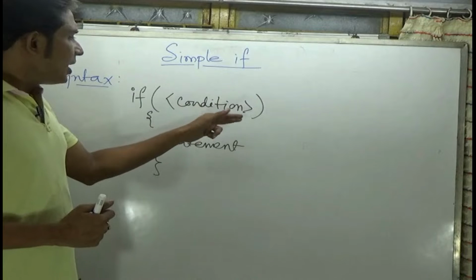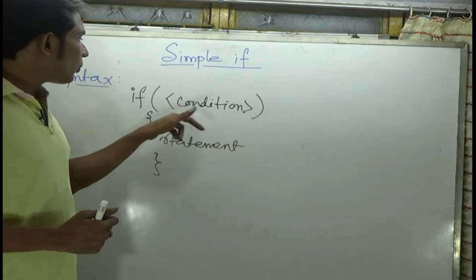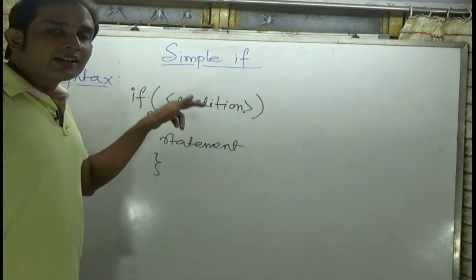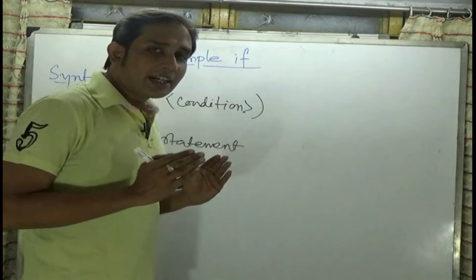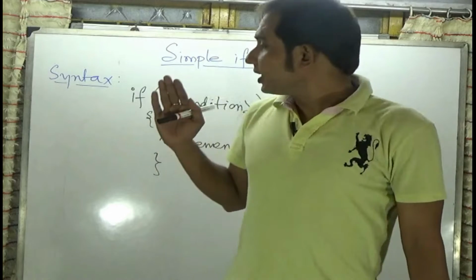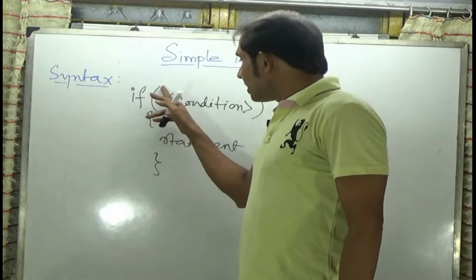Now you can see the condition is given within the angular bracket. Here in syntax, the angular bracket means you have to write down the actual value within this bracket.